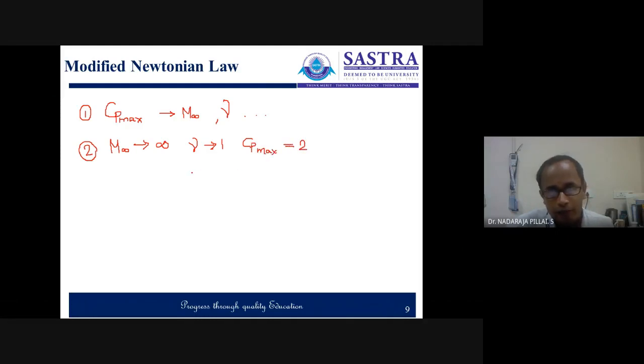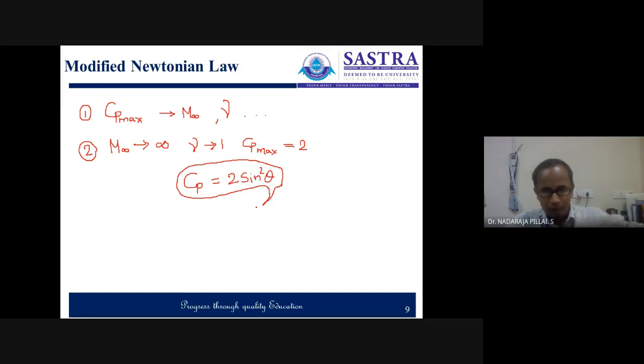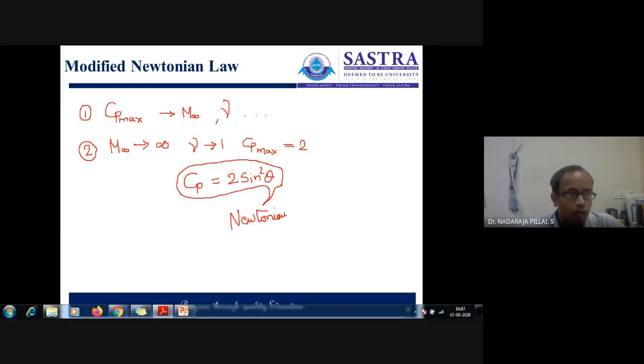That in turn represents Cp is equal to 2 sine square theta, which is necessarily the Newtonian sine square coefficient of pressure. This becomes Newtonian.